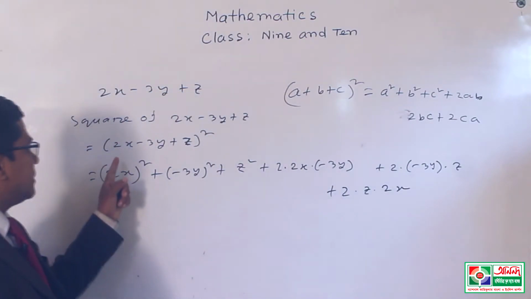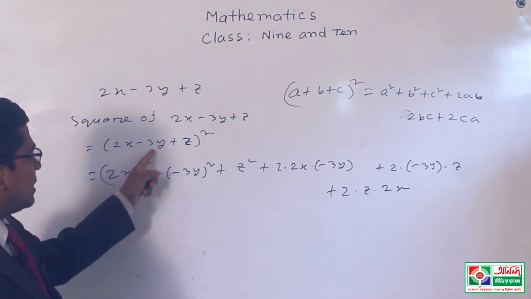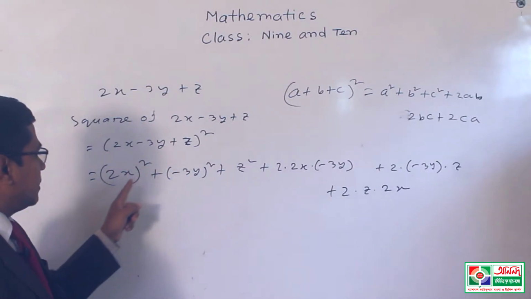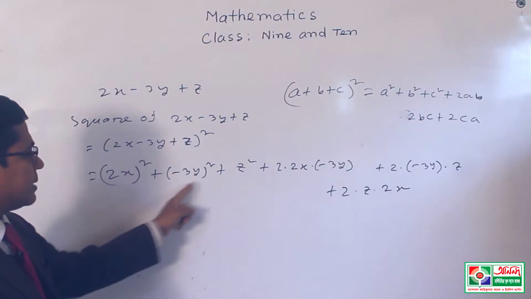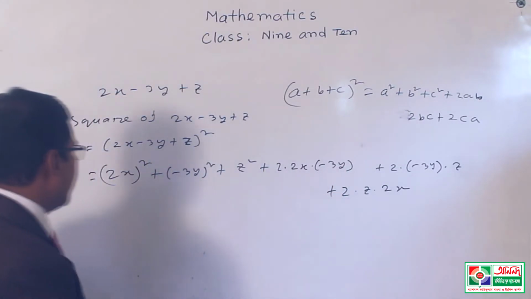Look at, 2x is a and minus 3y is b and z is c. Now we can apply a square plus b square plus c square plus 2ab plus 2bc plus 2ca, and we can calculate it.